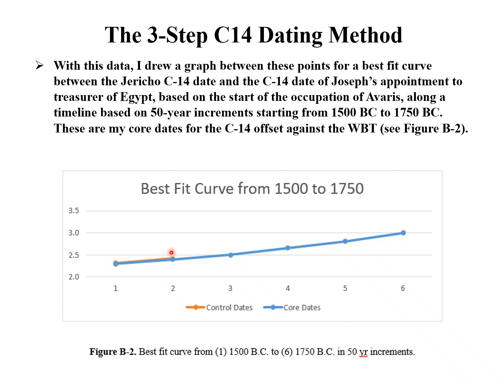It barred the cosmic rays for a little bit, causing the carbon-14 to be a little offset at that point. And that shows up in history. A lot of secular scientists acknowledge that actually. So we have our control dates 1 and 2, and then 6. So we drew a best fit curve in between them, and then we went to the next step.